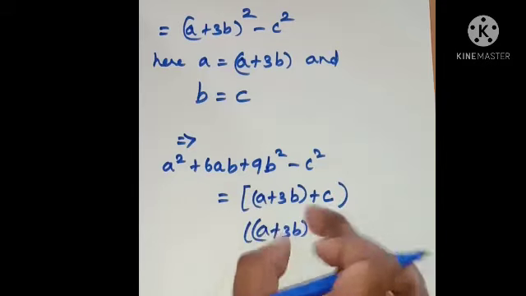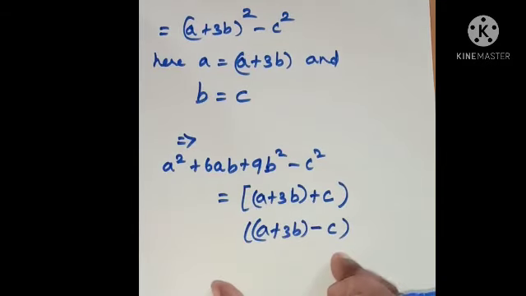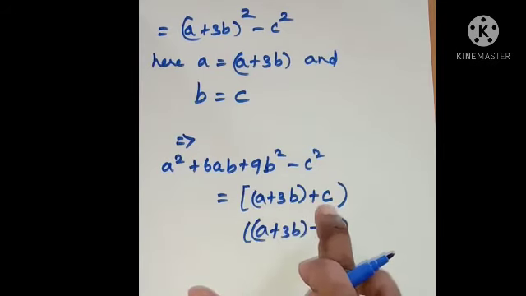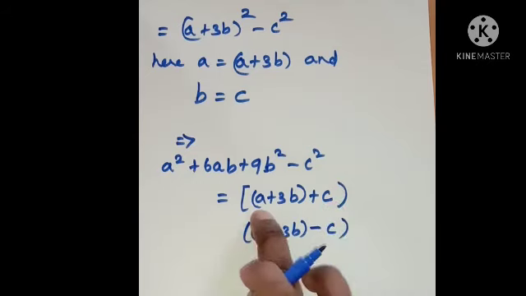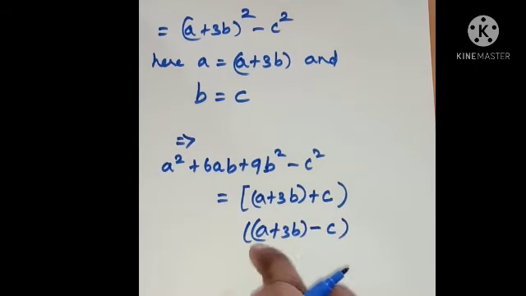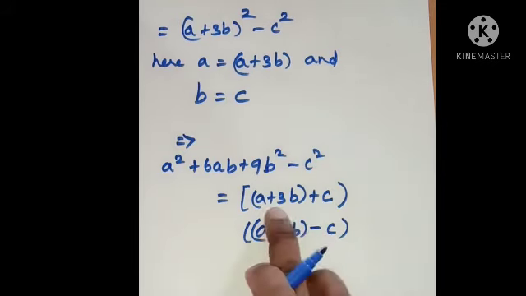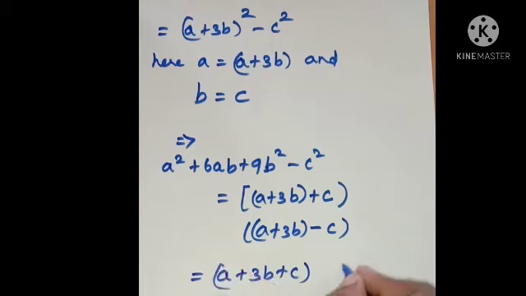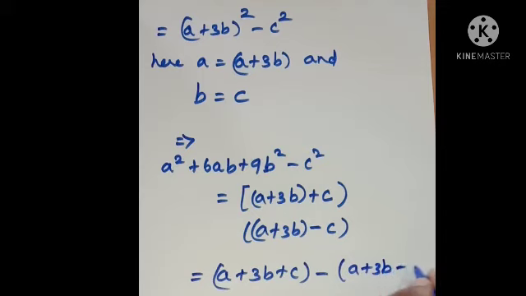That is, here we are using a plus b into a minus b identity. In place of a, here it is a plus 3b. In place of b, here it is c. So a plus 3b plus c into a plus 3b minus c. Now children, we can write it as a plus 3b plus c, removing the brackets, a plus 3b minus c, which is the final factorization.